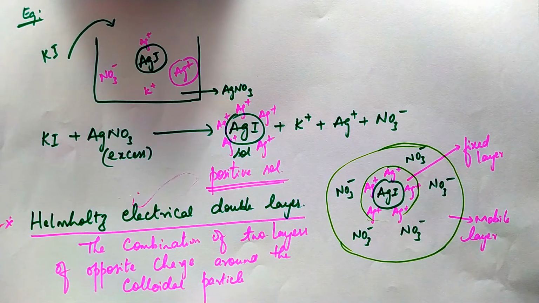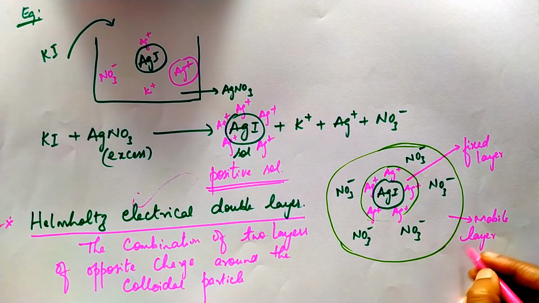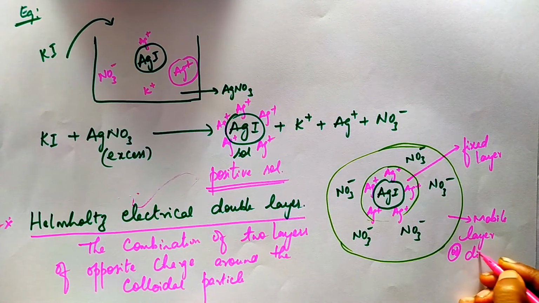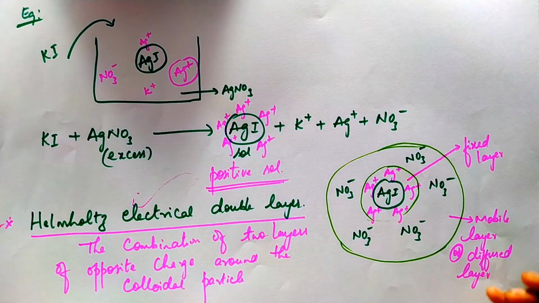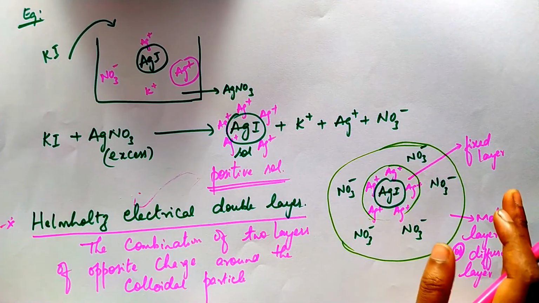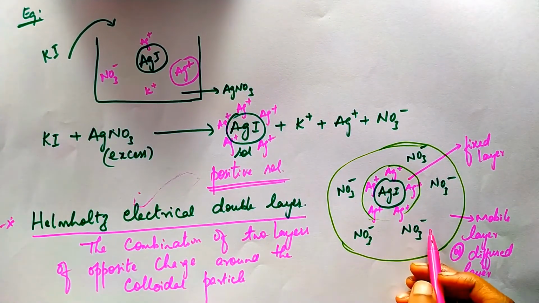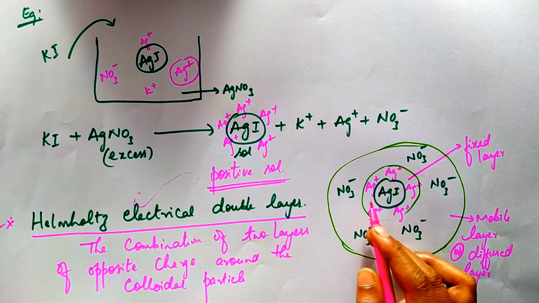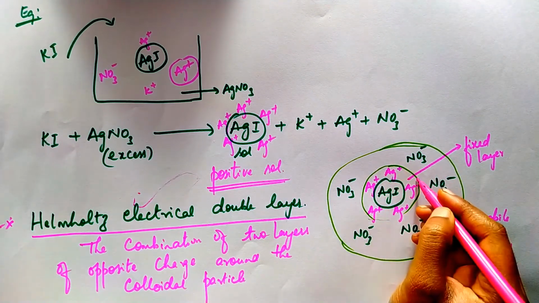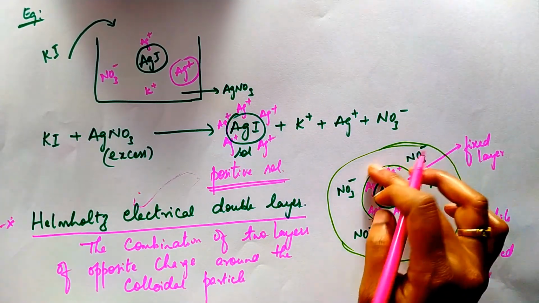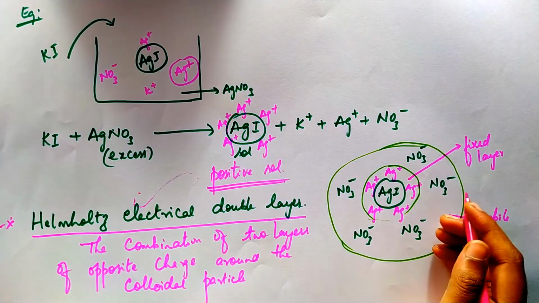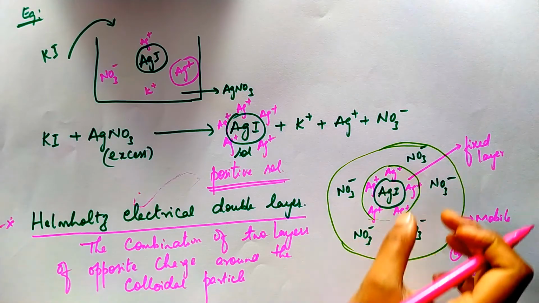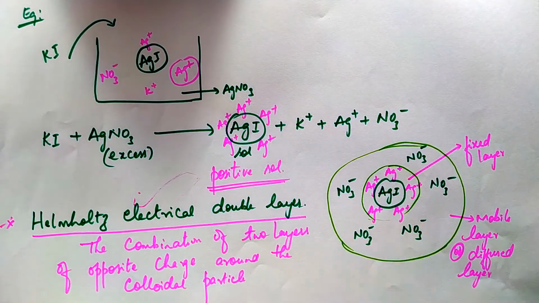So it is a mobile layer or a diffused layer, because there is movement in the second layer; it is not fixed. Due to these oppositely charged layers, a potential is developed between the fixed layer and the mobile layer, which we call zeta potential or electrokinetic potential.